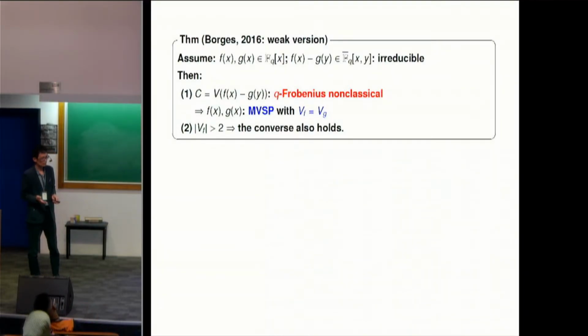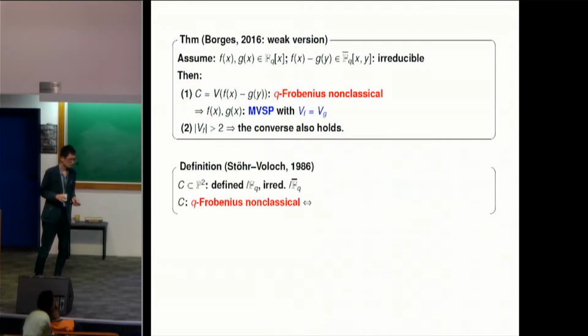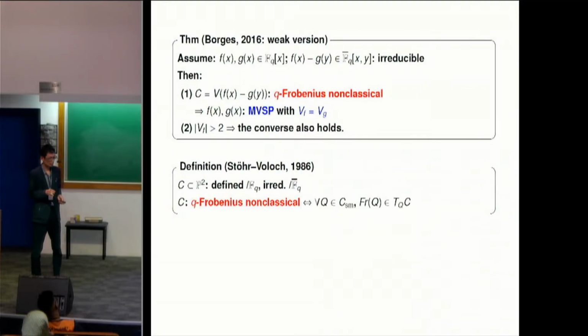Borges' theorem presents a relation between q-Frobenius non-classicality and MVSP. C is called q-Frobenius non-classical if for any smooth point Q, the image under the Frobenius map is contained in the tangent line.